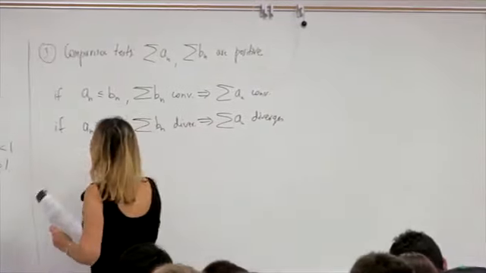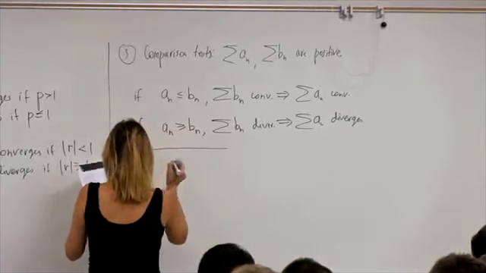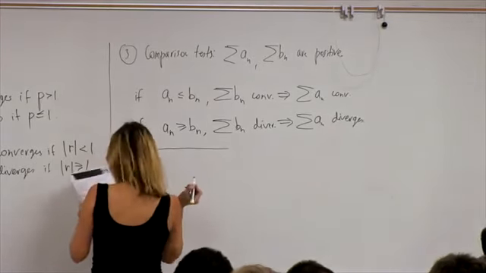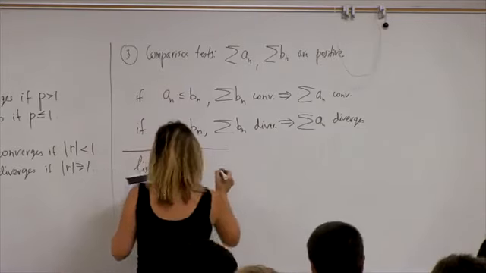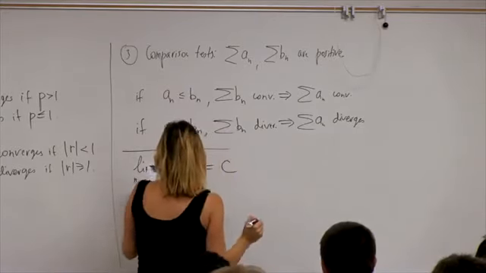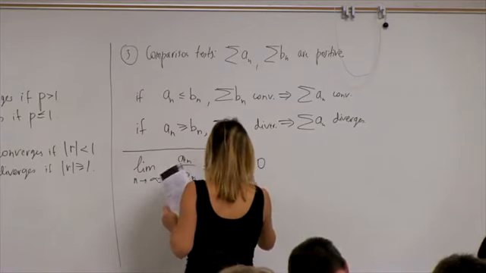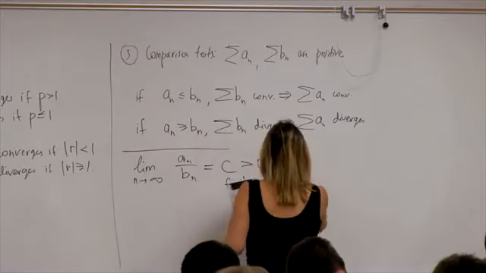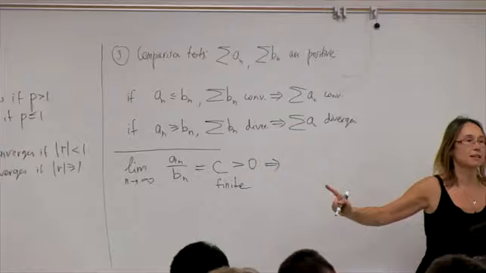Okay? Or we have another version of this test, which requires us to evaluate the limit. So if we look at the limit as n goes to infinity of the ratio between the terms, and we say that this is a constant c, positive and not infinite, then the behavior of the two series is similar.